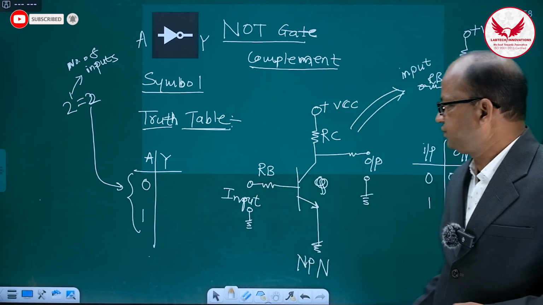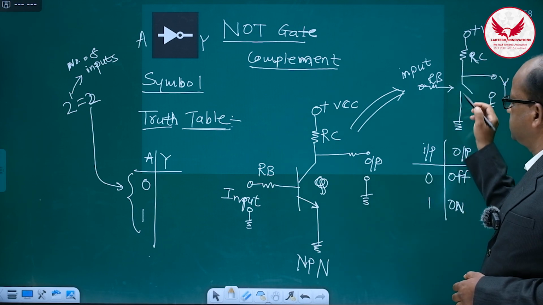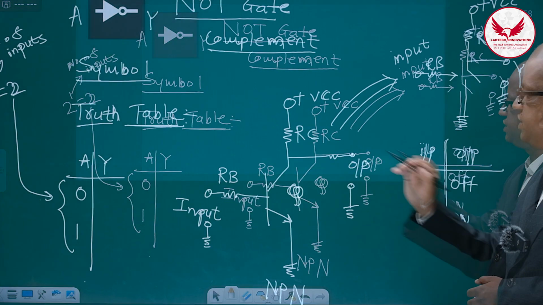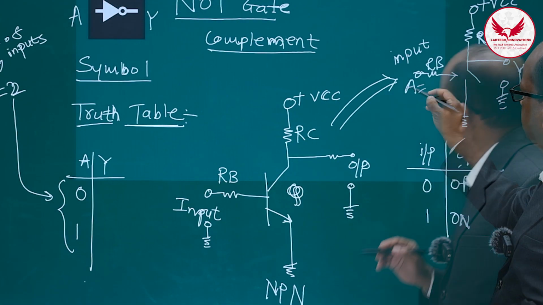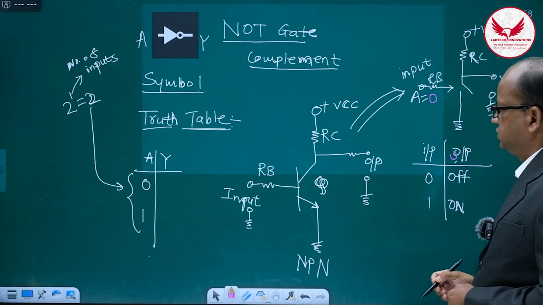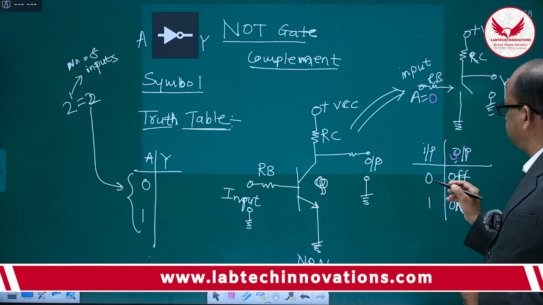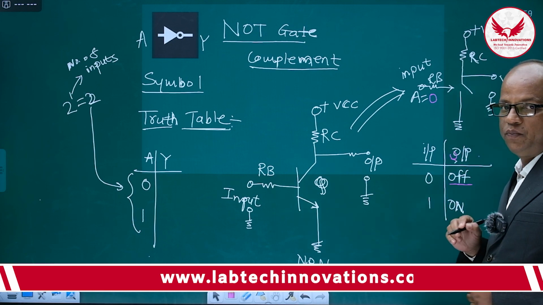If we check the equivalent diagram, the transistor is nothing but a switch. As far as this A input is concerned, if its value is 0, what happens? This transistor remains off and the switch gets open.